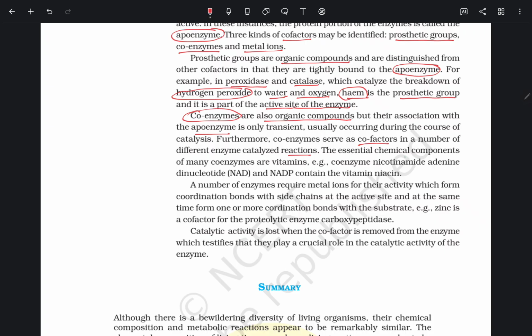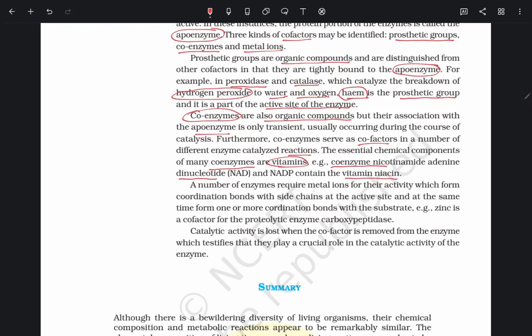The essential chemical components of many coenzymes are vitamins, that is, the coenzymes nicotinamide adenine dinucleotide (NAD) and NADP contain the vitamin niacin.